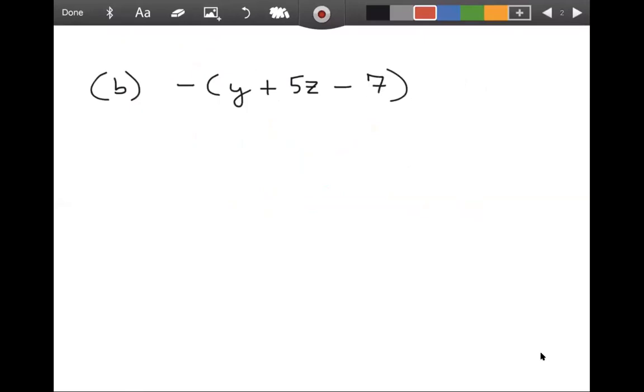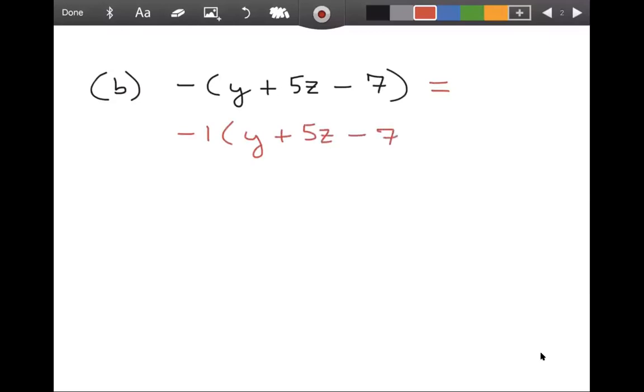Next example, negative (y plus 5z minus 7). In other words, the opposite of the expression y plus 5z minus 7. You can think of this minus sign outside as a -1, which you might find helpful.